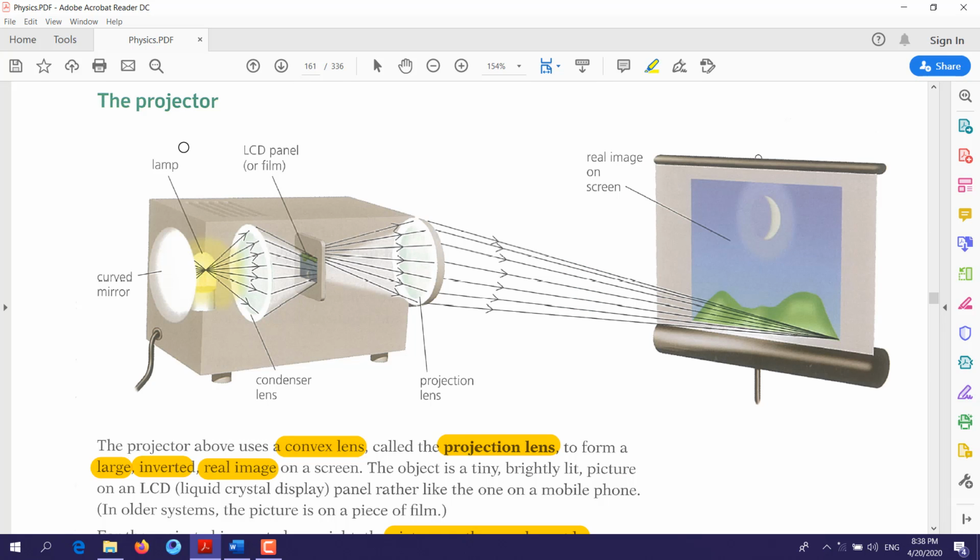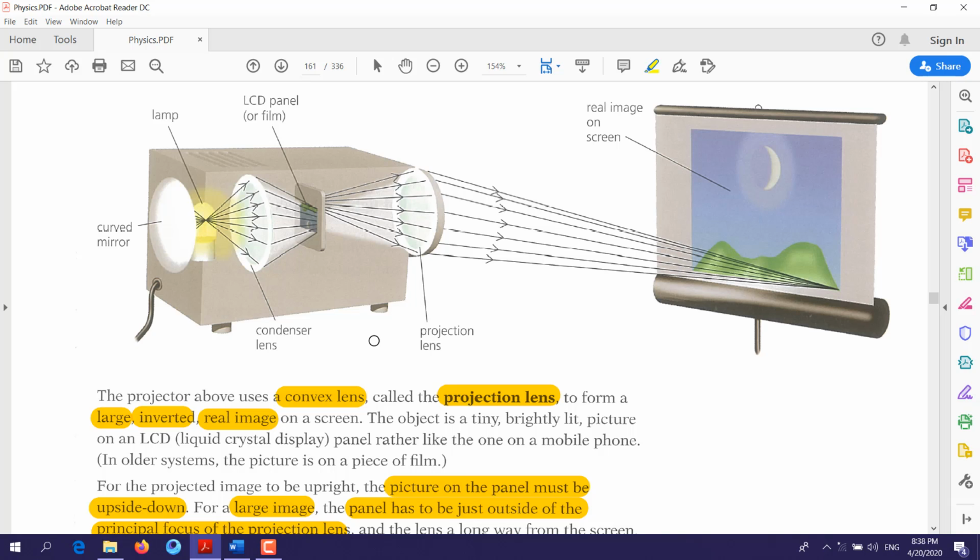The projector. Also the principle of the projector: it uses lenses, and these lenses make images. But what will be the image produced or formed by the projector? The projector will use a convex lens.